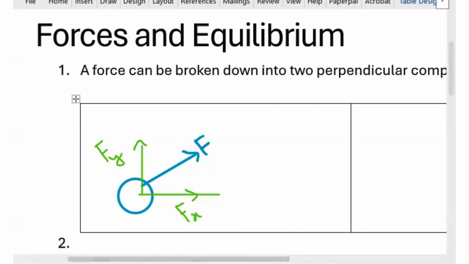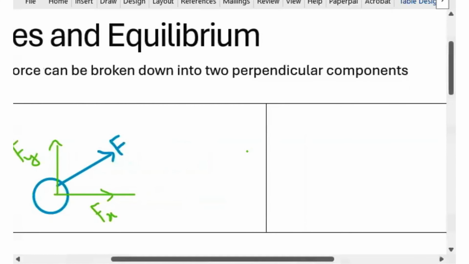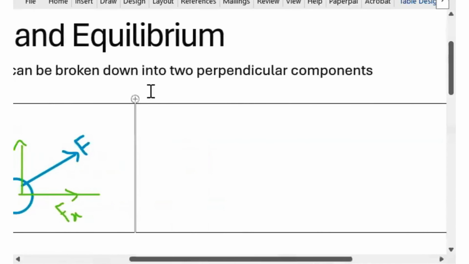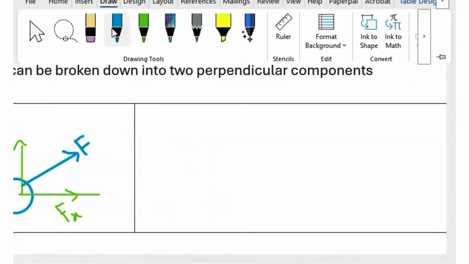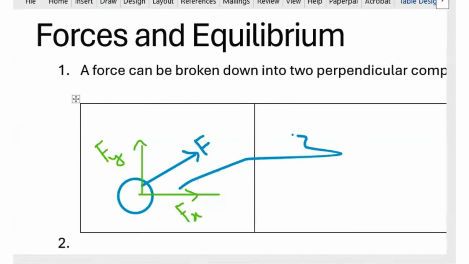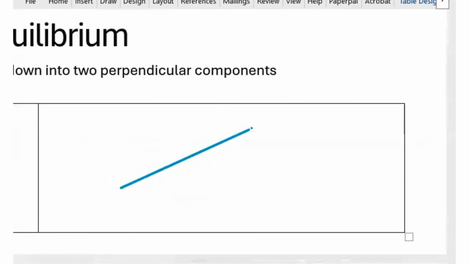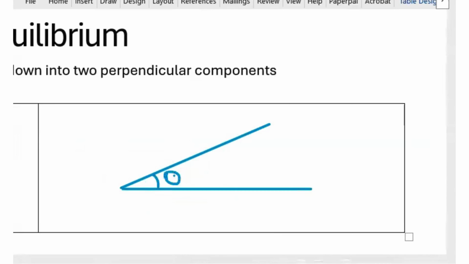A very common case scenario that we usually deal with is this one, where we will also look at the angle. Now what if I have a slope which makes an angle theta with the horizontal.